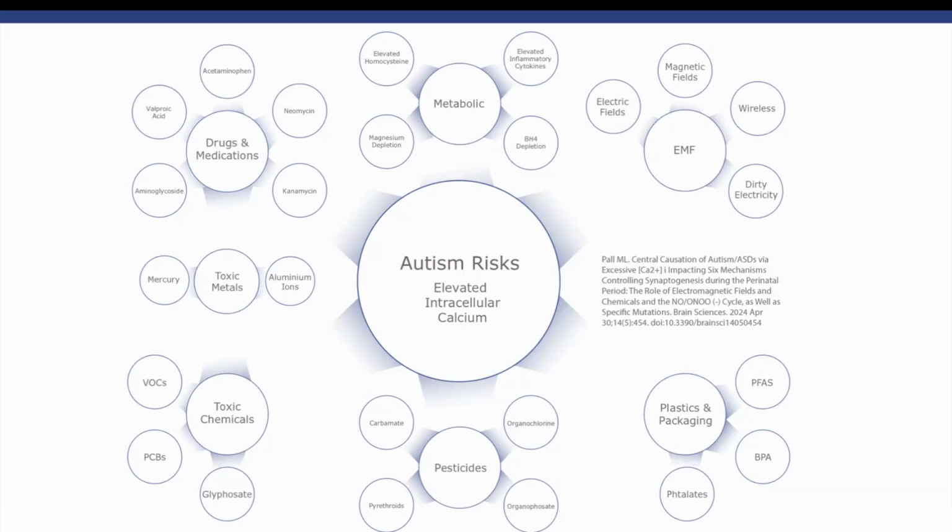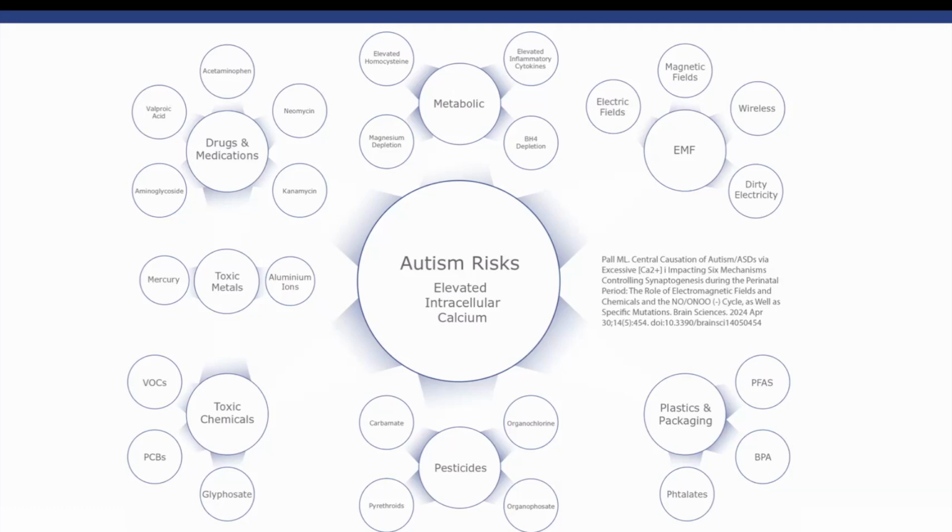So these are all the high level factors. When we look at total load, we have drug interactions, potentially, we've heard a lot about Tylenol or acetaminophen, but there are some antibiotics that raise intracellular calcium. There are clearly toxic metals, sometimes in vaccines, the aluminum, the mercury. There are toxic chemicals like VOCs, glyphosate, and PCBs that elevate intracellular calcium.